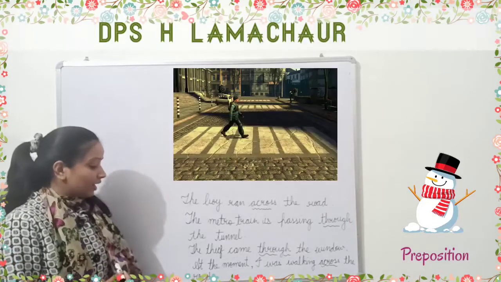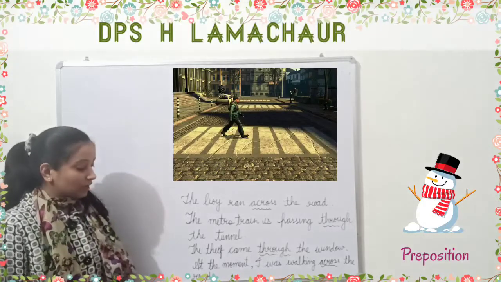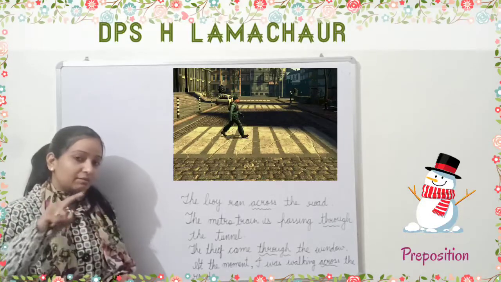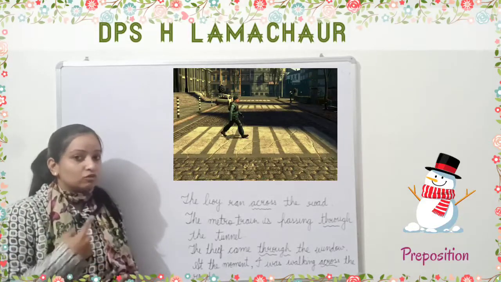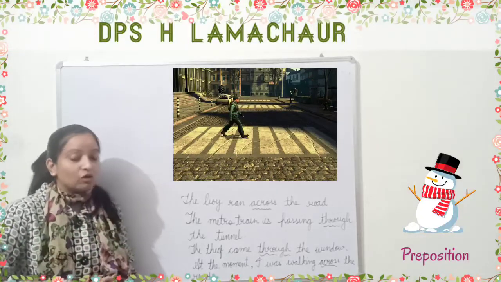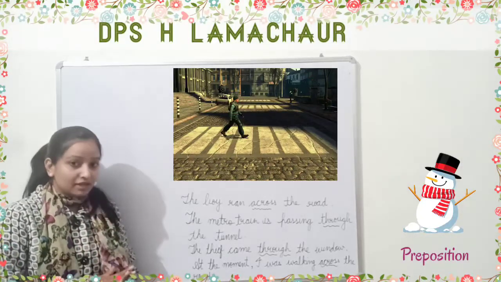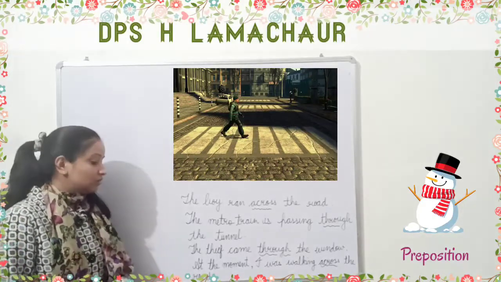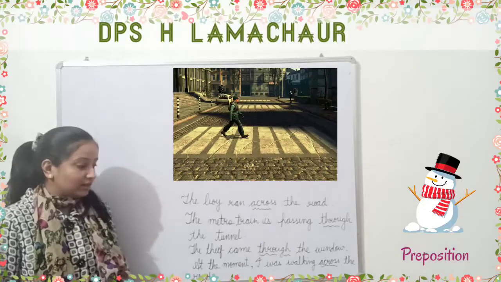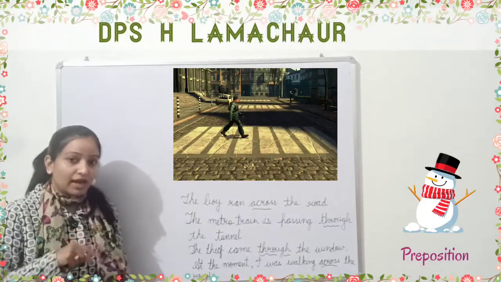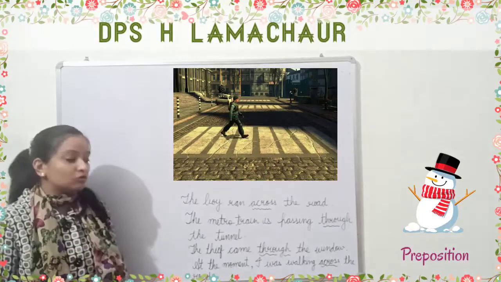At the moment I was walking across the road. We know that when the movement is taking place from one place to another on a flat surface, we can see it. It is not enclosed by another thing. So we use across there, and when it is going within something, then we use through.